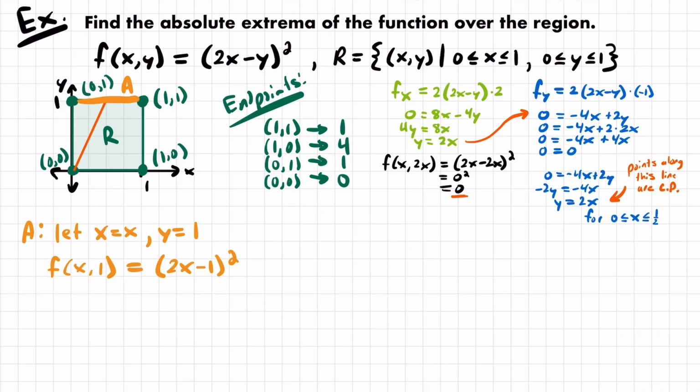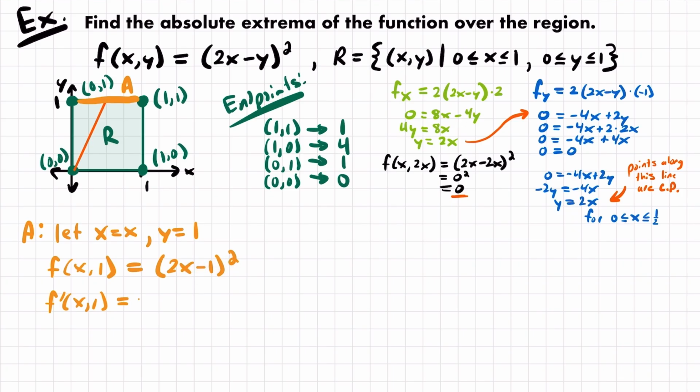And so remember, to find any critical points of a curve, this is a Calc 1 concept, we have to take the derivative of that curve, set it equal to 0, and then solve for x. So let's take the derivative. We'll have f prime of x, 1, and that will be equal to the derivative of 2x minus 1 squared.